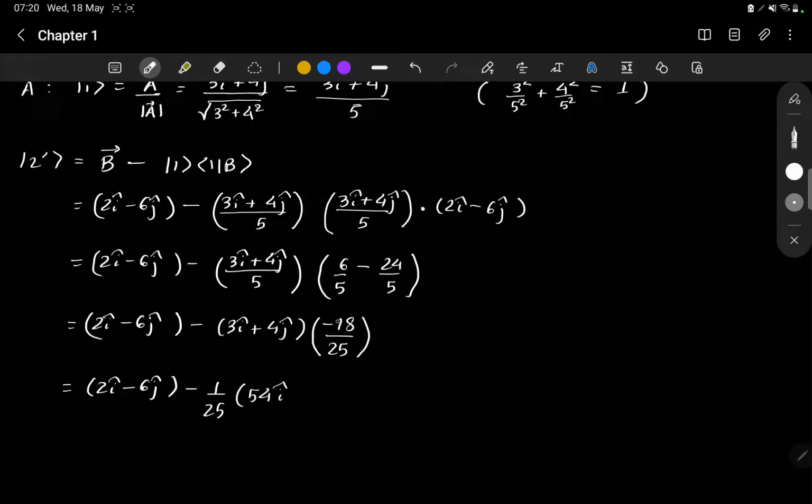We have minus sign over here, so this minus sign with this minus sign will make a plus sign. And then 18 into 4 is 72.